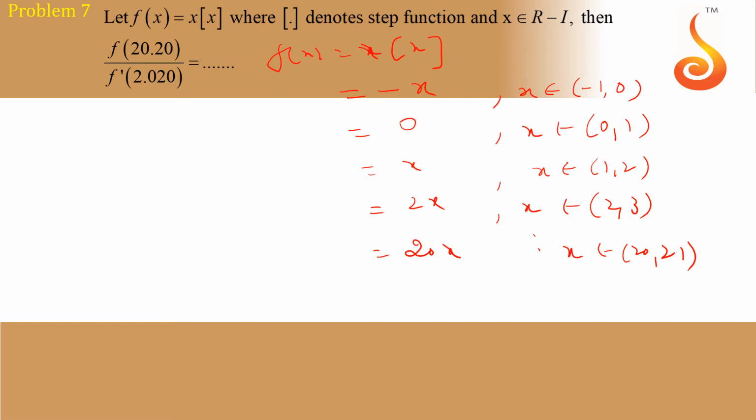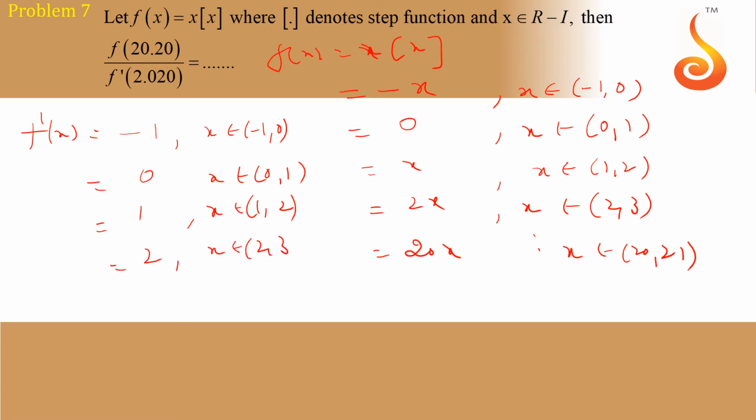Then if I write f'(x), what is the derivative of minus x when x is from -1 to 0? It is minus 1. When x is 0 to 1, the derivative of 0 is 0. The derivative of x is 1 when x is 1 to 2. The derivative of 2x will be 2 when x is 2 to 3.